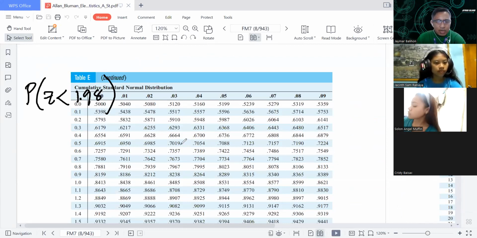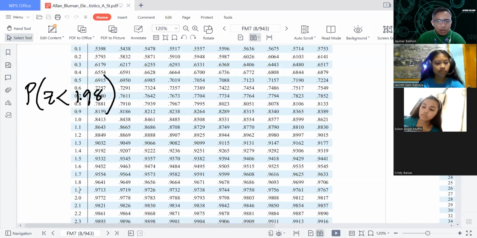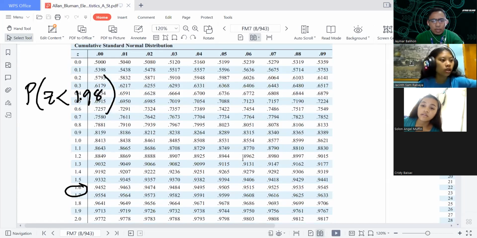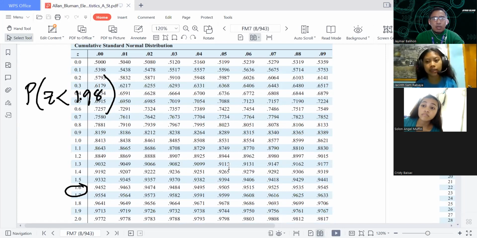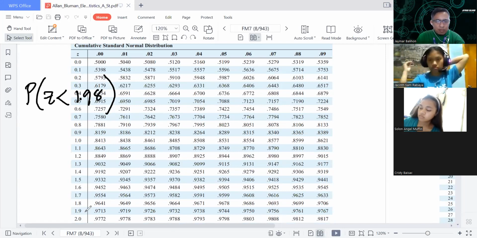Look for 1.9. 1.9 is somewhere here. Can you see it?